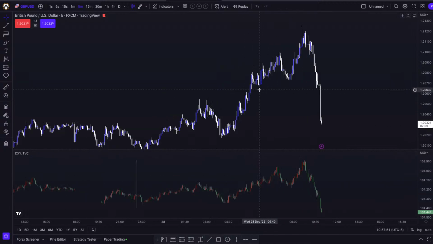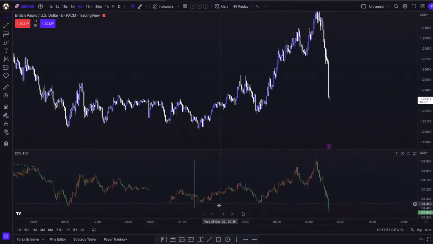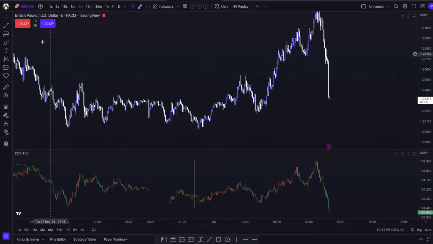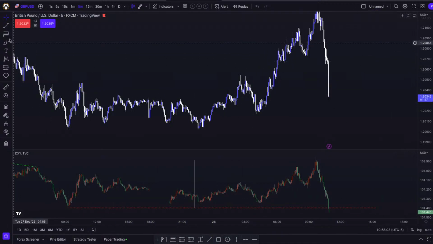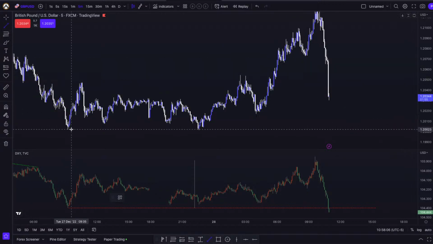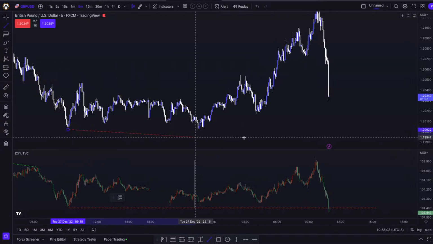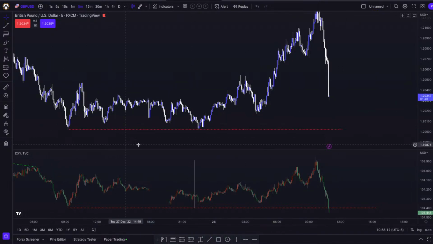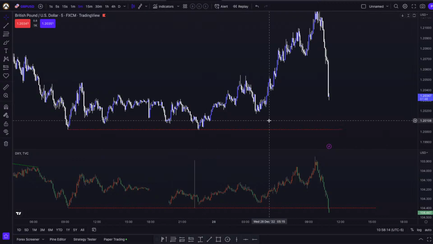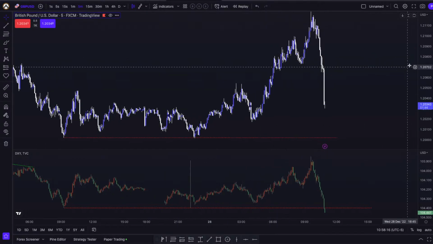Pound US dollar. We could be looking at an SMT divergence here, since on the dollar index we already broke our low that has been formed yesterday, but on the British pound US dollar chart we did not even get close to it as of right now. We also formed this double bottom, so this would also be a sell side liquidity target for the British pound.